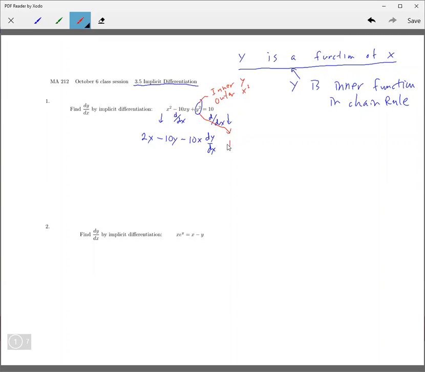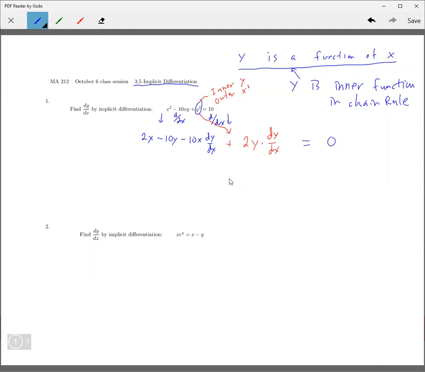The derivative is the derivative of the outer function, which is 2 times the inner function, so that becomes 2y, times the derivative of the inner function with respect to x. Okay, so I just used the chain rule right there to differentiate that. And of course, on the other side of the equation, the derivative of 10 is just going to be 0.